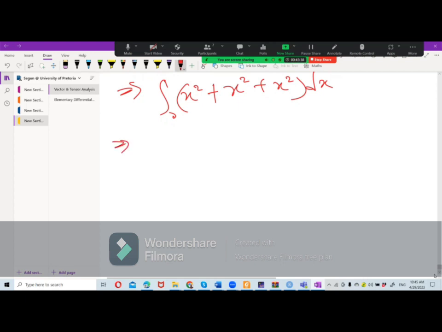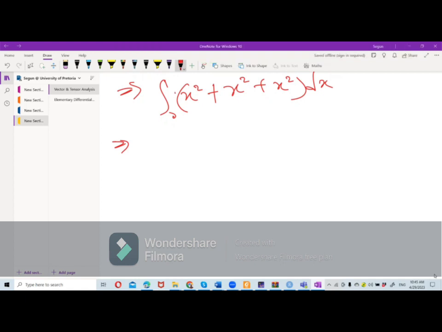So along the line, when you integrate it, this will be 0 to 1 after the integration and substitution, because if you look at the diagram there, we have 1, which begins with 0.